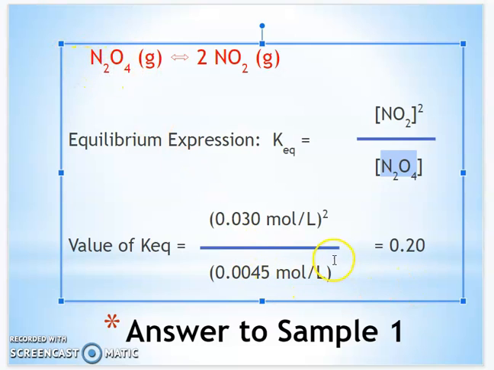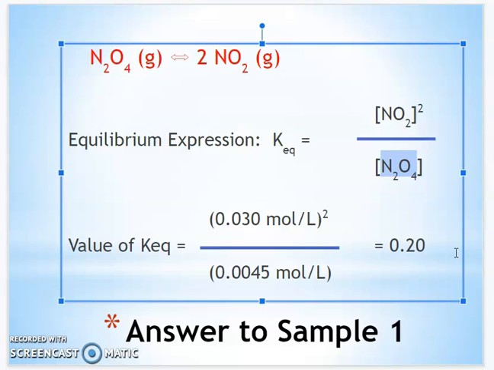And again, that's not raised to any power because we don't have one in our equilibrium expression. So if you solve this out, if you take 0.030, square it, and then divide it by 0.0045, you get approximately 0.2. That is a Keq, and we can use that to determine whether or not the products are favored or the reactants are favored.